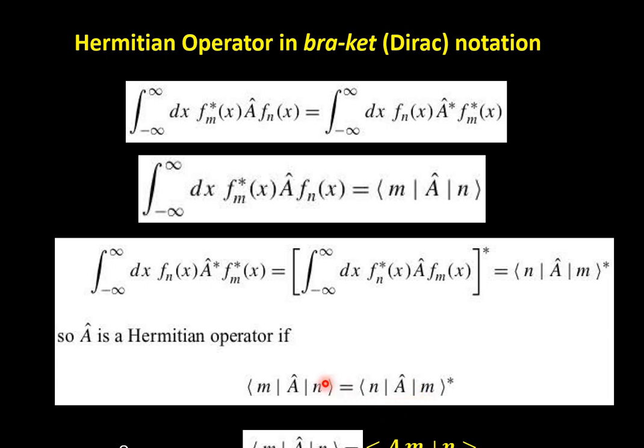So as if you are taking A from the middle position to the left. I repeat, if <m|A|n> is equal to <n|A|m>*, or in other words, if <m|A|n> is equal to <Am|n>, then the operator A is a Hermitian operator.